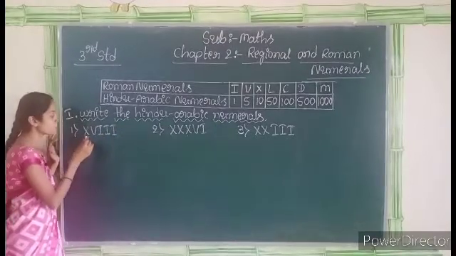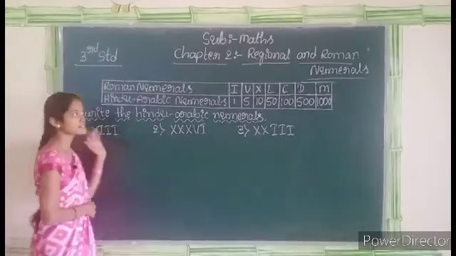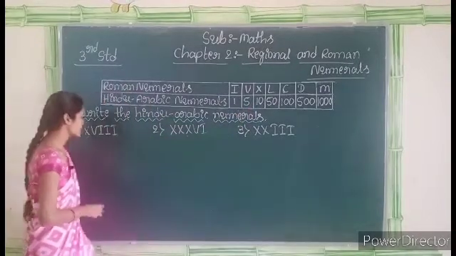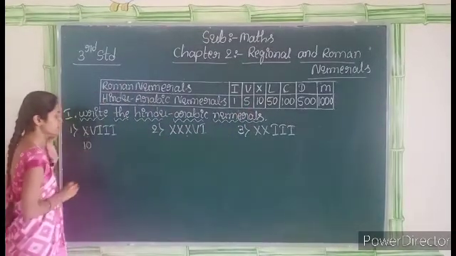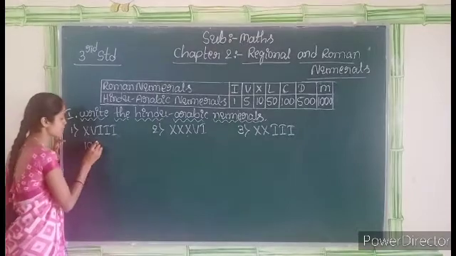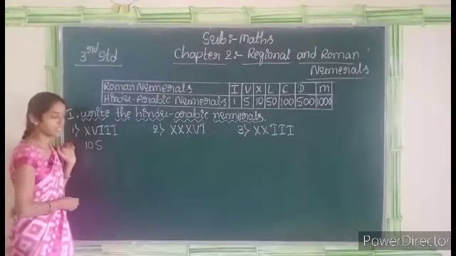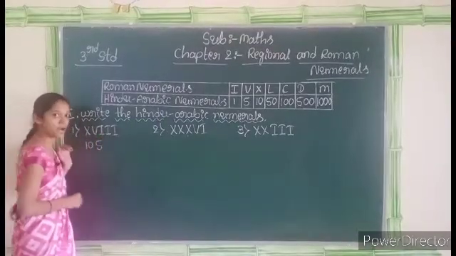In Roman numerals, X represents 10, then V represents 5, and III becomes 3.